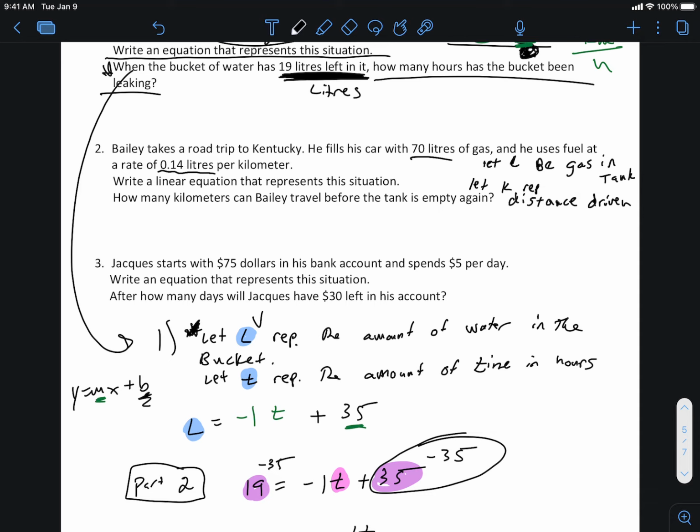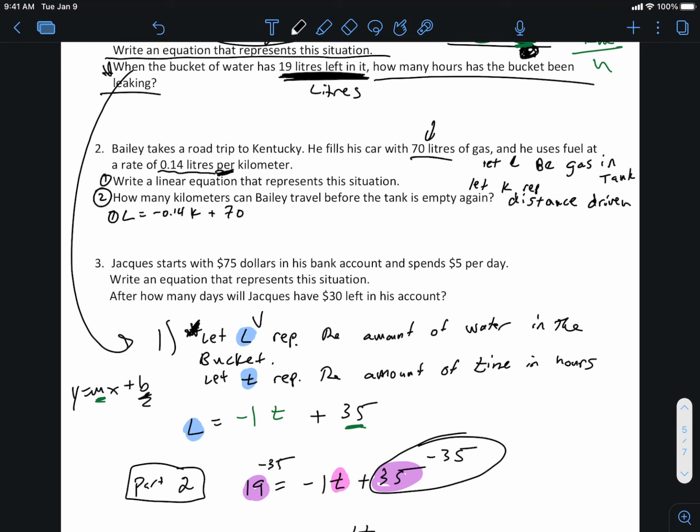How much is in the gas tank specifically? So L equals, where do I start? I start with 70 liters of gas in there. Okay, plus 70. How is it changing? Well, I'm burning, so I'm losing 0.14 liters. There's that word per. There's your equation. So that's step 1.